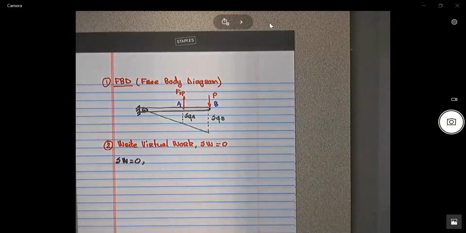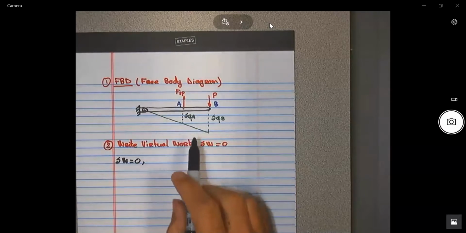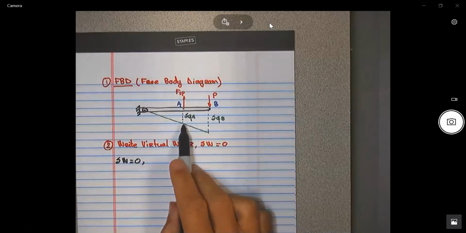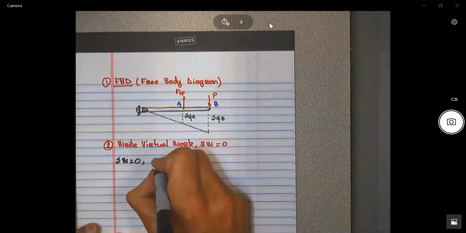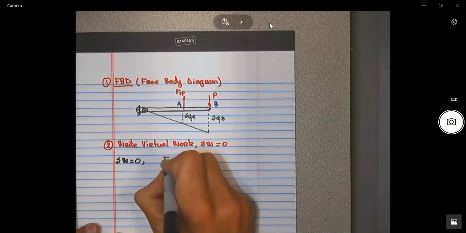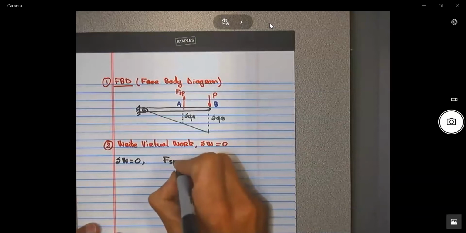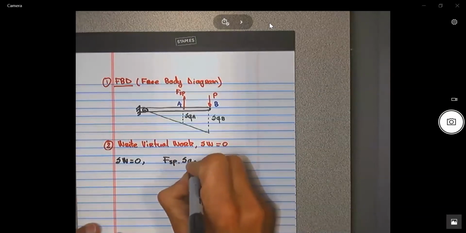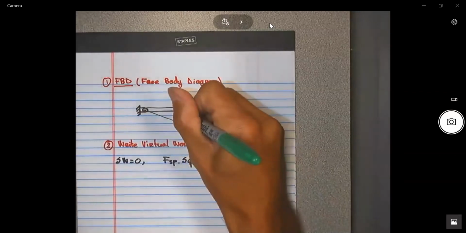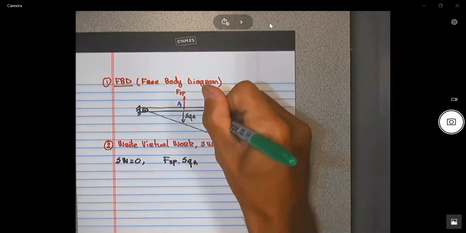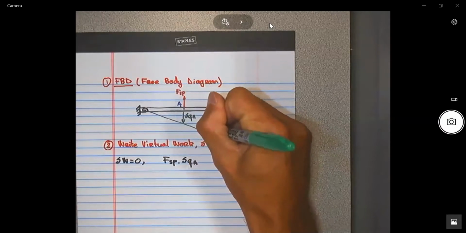So now, what would be the equation over here? Let's start by, which one do you want to start with? F spring or P? Let's start with the spring force. So we have F spring times delta Q sub A. Now, is this one positive or negative? The deformation is going down, but the force is going up, no?